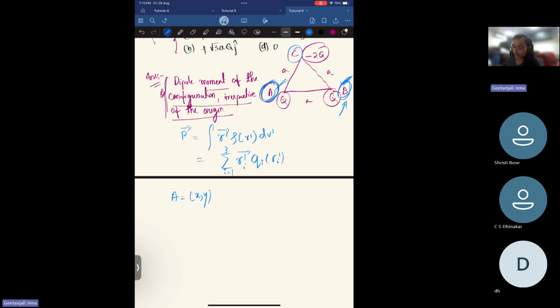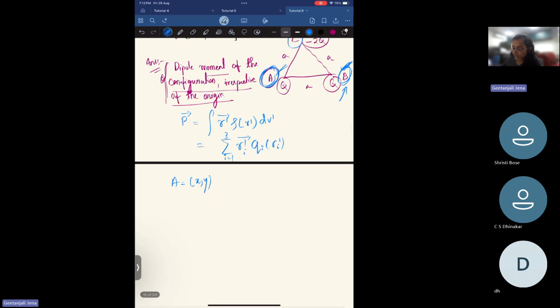So B will be a plus x, y, and C will be x plus a by 2, y plus root 3 a by 2. Now we know the coordinates.